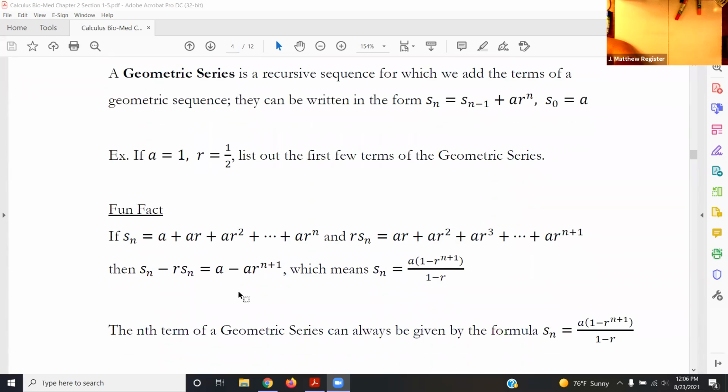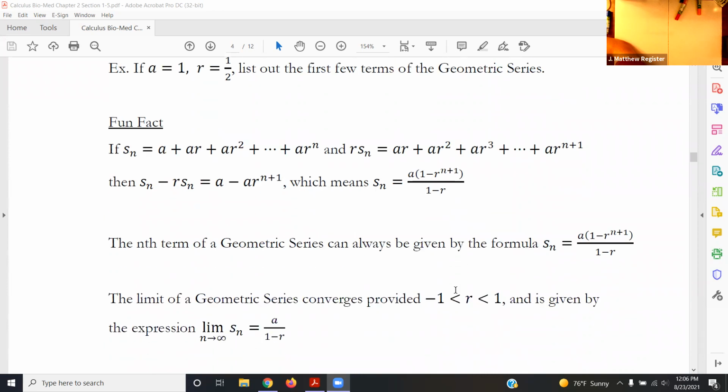Well, it turns out we have formulas for it. And so if you ever want to add up the first n elements of a geometric sequence, this is what the answer is always going to be. It's always going to be a times 1 minus r to the n plus 1 over 1 minus r. It turns out you can find the limit as well.